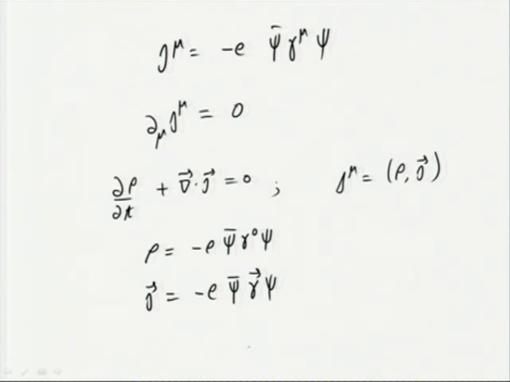We added this minus e, like in the case of Klein-Gordon equation, to interpret it physically as the charge density, the rho, and the current density j. So, that is what we have here in the case of Dirac equation.